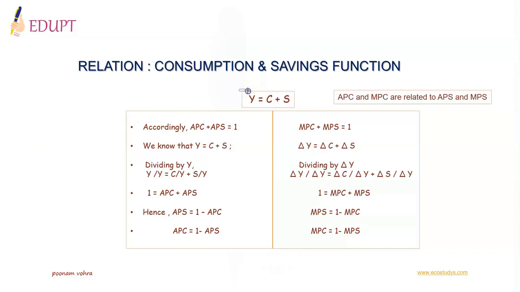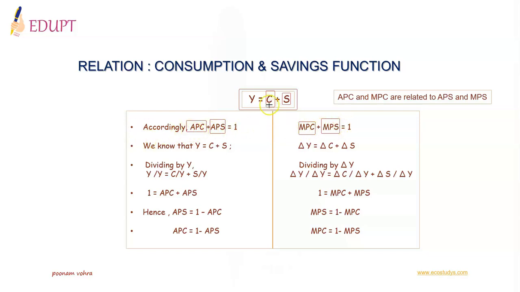We know that Y is equal to C plus S, consumption plus savings. Accordingly, if we talk of consumption, it is average propensity to consume and marginal propensity to consume. If we talk of savings, it is average propensity to save and it is marginal propensity to save.